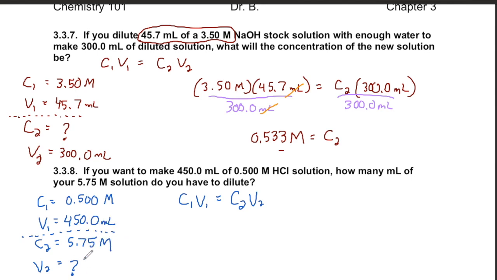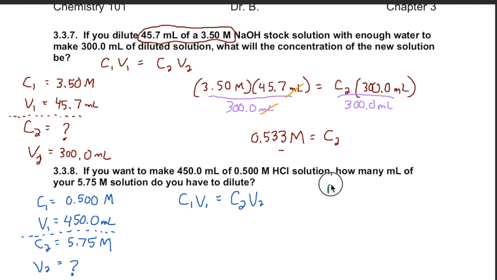So we're going to start with an unknown amount of 5.75 molar, add some water, and then we will have 450.0 milliliters of 0.500 molar. So it makes sense that the volume we start with is going to be less than 450 milliliters because we're going to dilute that up to 450 milliliters by adding water.